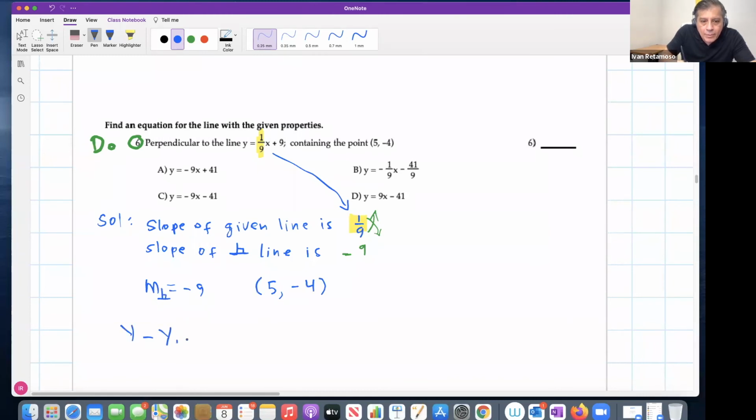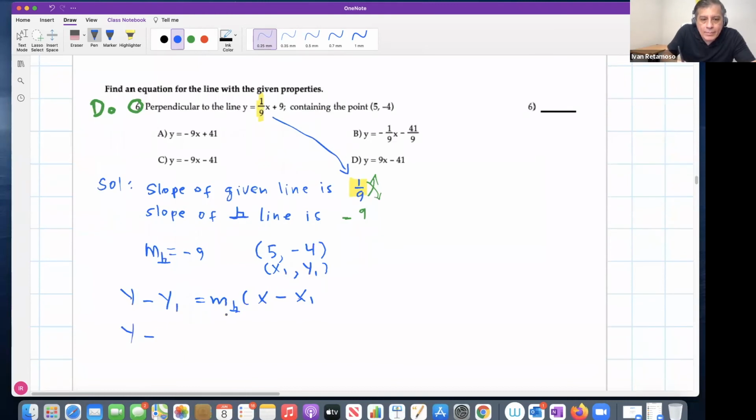using our point slope form, we should get the following, right? Label this one x1, this one y1, and go ahead and say y minus y1, y minus -4. Be careful when you substitute negative numbers, use parentheses, right?